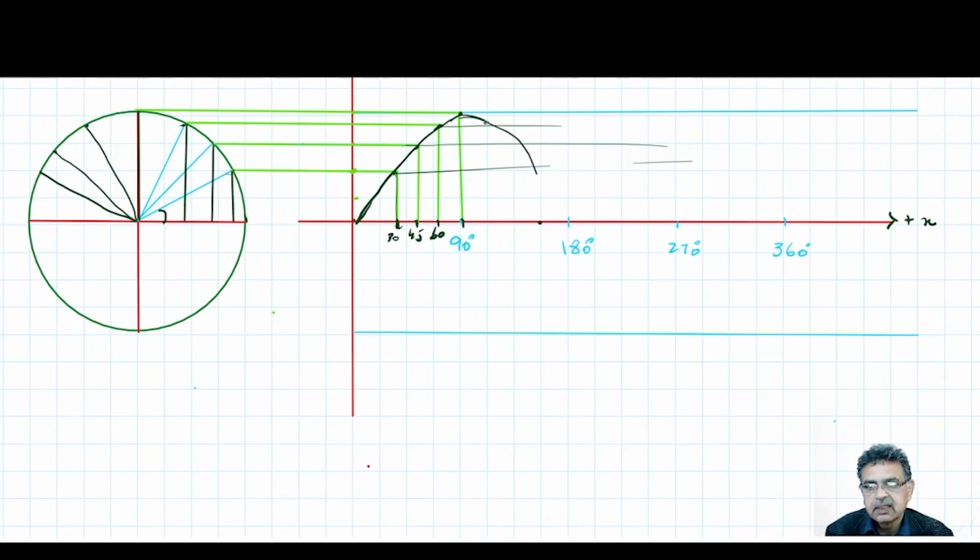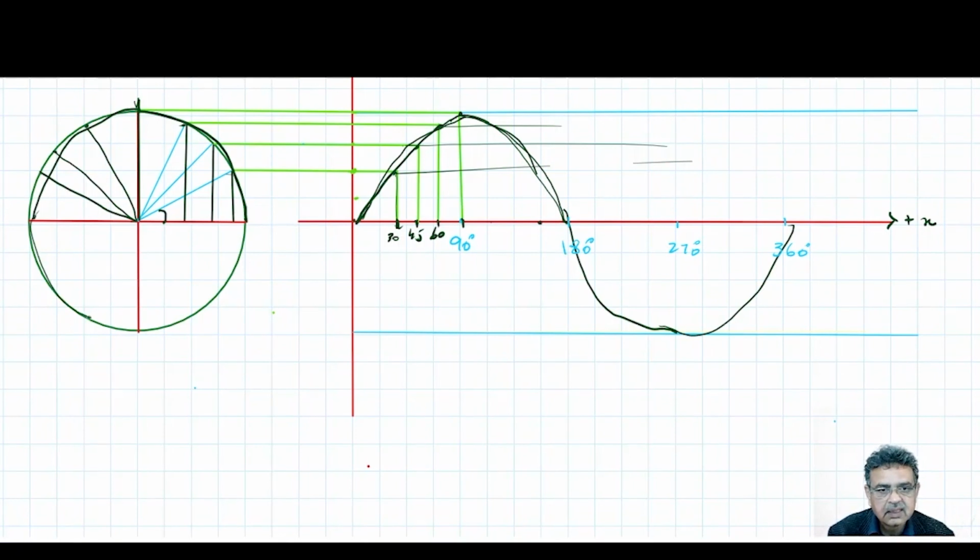The curve comes like this here, and then this way, and then it comes back to 360 degrees, as if a point is moving this way upwards, the graph reaches here, and when it comes down here, then it comes down to this side.